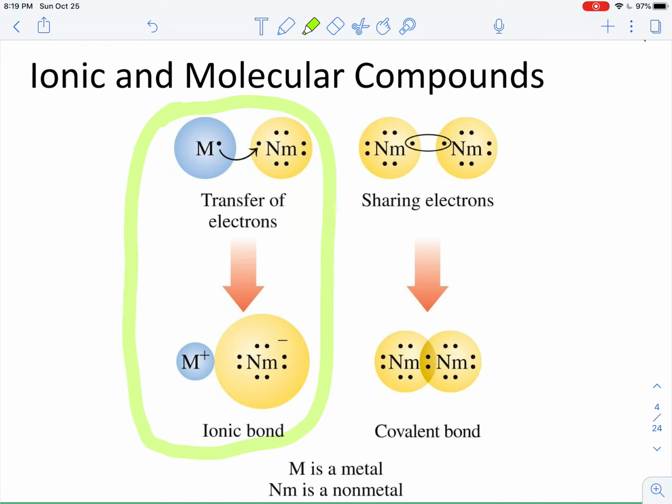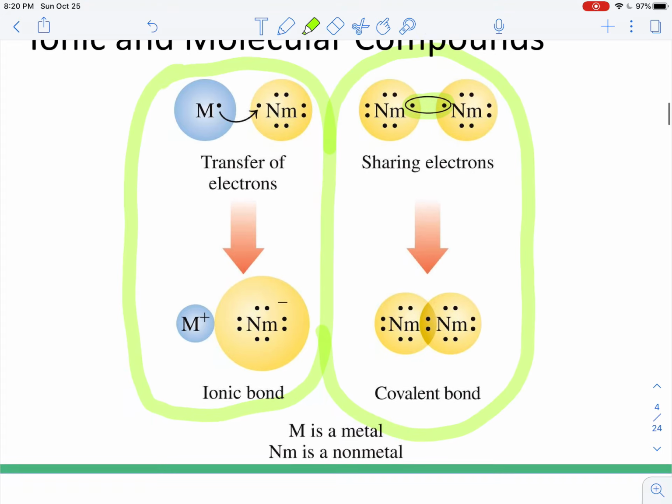In molecular or covalent compounds, remember those words are used interchangeably, electrons are shared, and that's what the bond is formed by. So you'll notice that here they've circled 2 electrons. So those 2 valence electrons will form a bond between these 2 nonmetals.